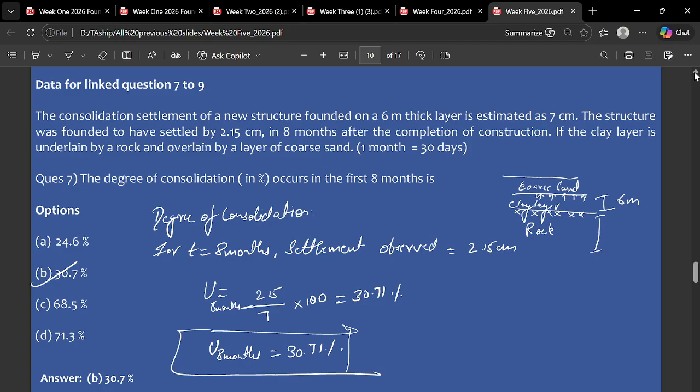So now, another set of questions which will be addressed is related to the degree of consolidation. We have already discussed it.